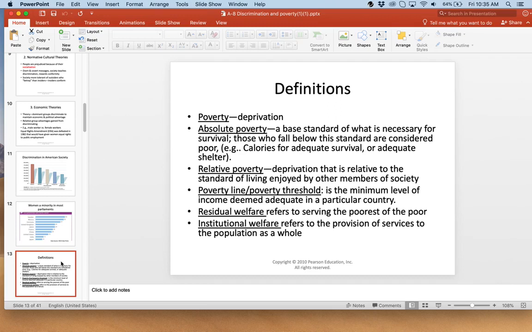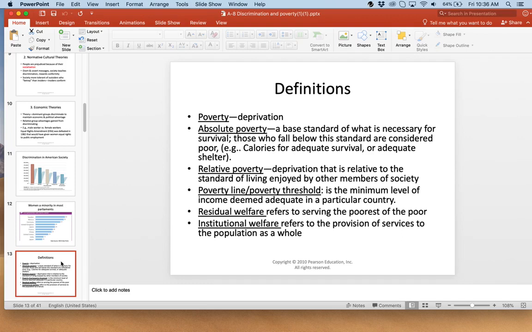If you have absolute poverty, we can measure it in calorie intake, we can measure it in money, whatever measure you use, but whatever that measure is, you have absolute deprivation, you are poor. Then the second concept is relative poverty.